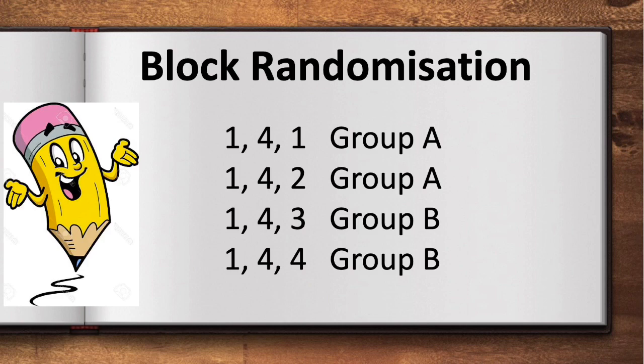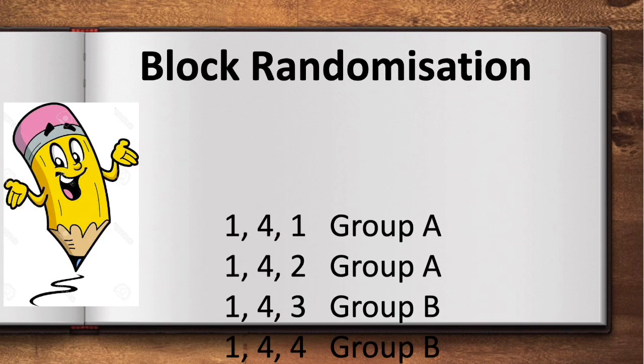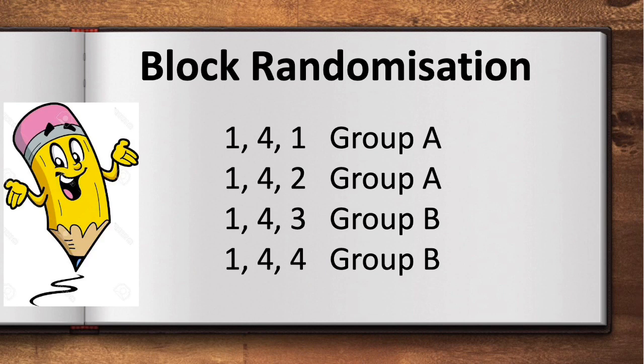Suppose we take the example of simple randomization, throwing a dice, right? By throwing a dice, we can get more subjects in one group and fewer subjects in another group. So to prevent this, we are using block randomization. Block randomization we can create with the help of a computer also.